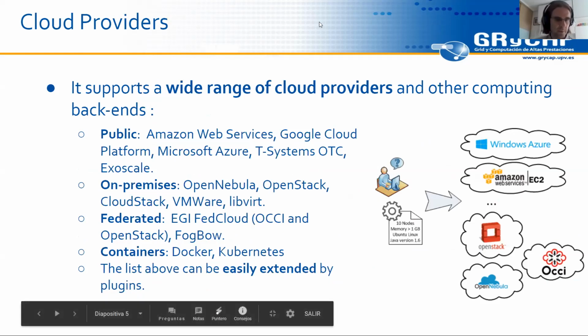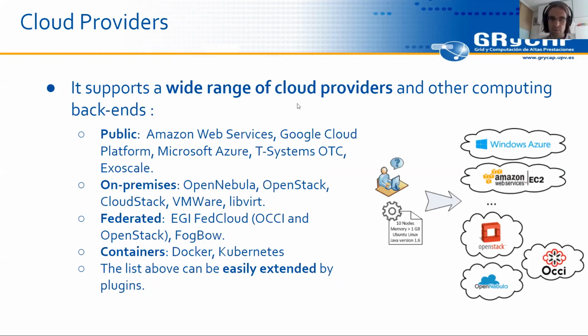For example, in the case of public cloud providers, we are supporting Amazon Web Services, Google Cloud, Microsoft Azure, T-Systems OTC, and Exoscale. In the case of on-premise ones, we are supporting OpenNebula, OpenStack, CloudStack, VMware, and also Libvirt. In the case of federated infrastructures, we are supporting IaaS clouds using both interfaces, the previous one, OCCI, and the current one, OpenStack, and also Fogbow. But we also support creating infrastructures on top of container platforms, Docker or Kubernetes.